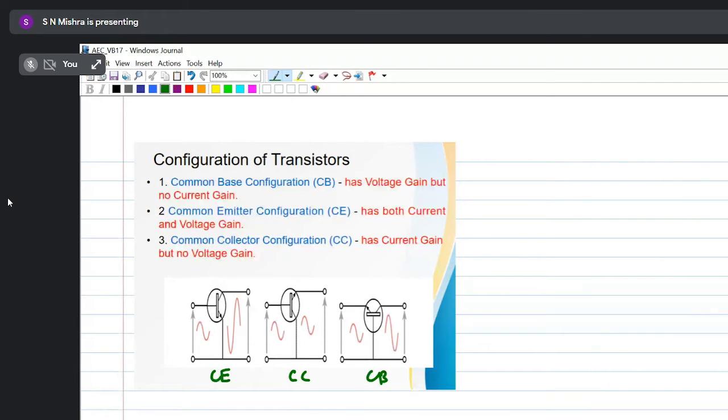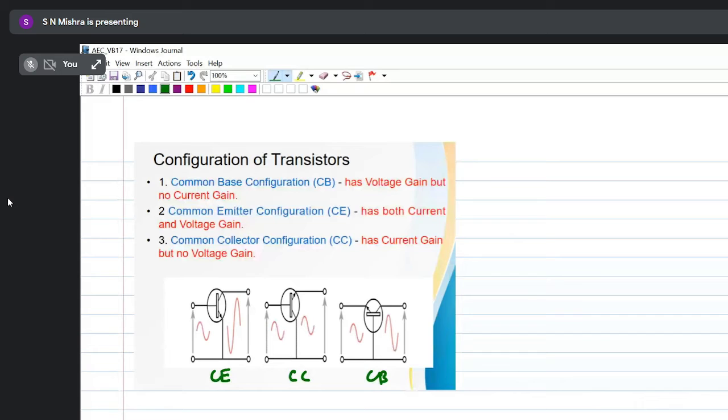Now we have understood how we can arrange or identify different configurations. It is only the orientation of the transistor, such that the terminal which is common gives the type of configuration. Now, why is it used? Why are these common emitter, common base and common collector configurations there?